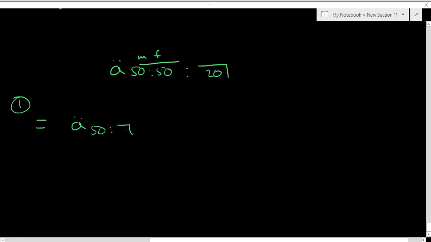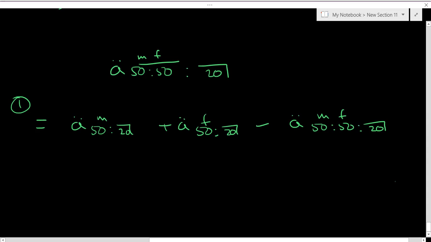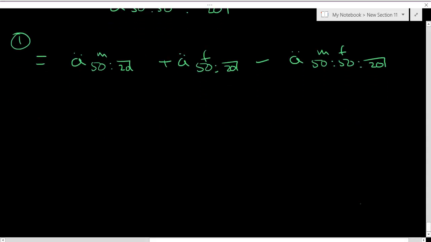So a due 50/20 for the male, plus a due 50/20 for the female, right? And minus the joint, that is a due 50 50 20, one for the male, one for the female. So that is how you can actually calculate this.